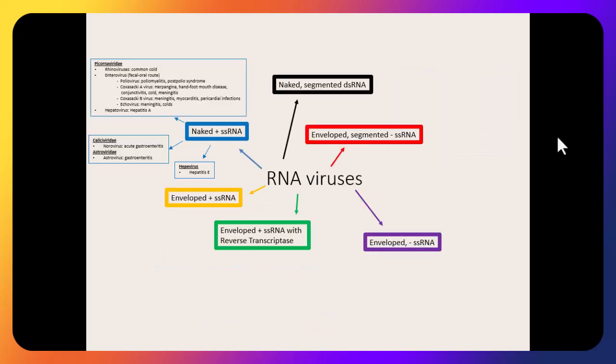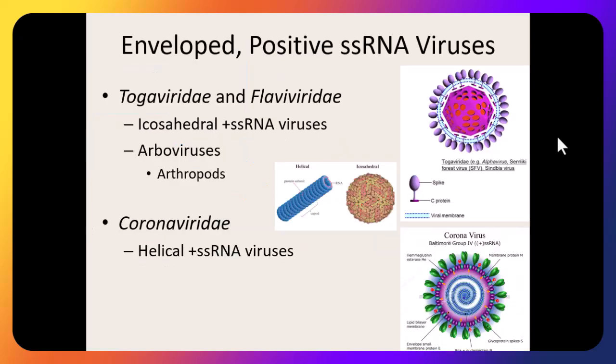But now we're going to move on to the enveloped, still positive sense single-stranded RNA, so still mimicking messenger RNA. But these have envelopes, and they're all in my yellow. There's less of them. There's the Togaviridae and Flaviviridae. We group them together mostly because of their capsid shape. They have an icosahedral capsid, so a geometric shape.